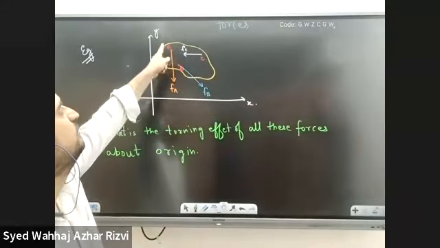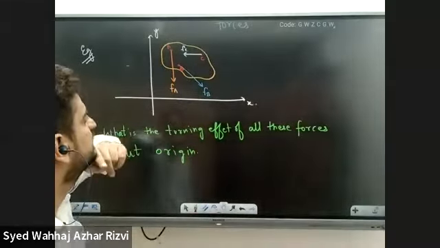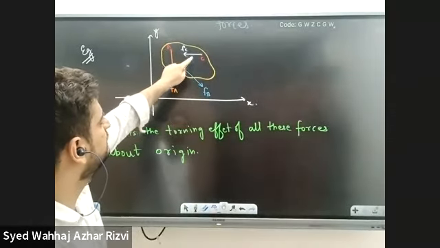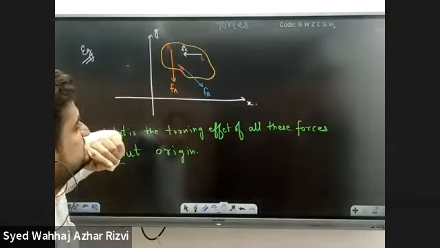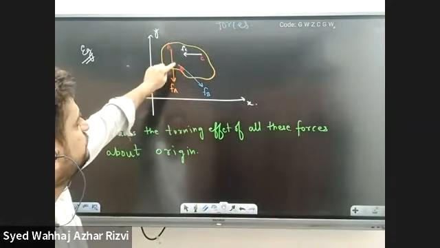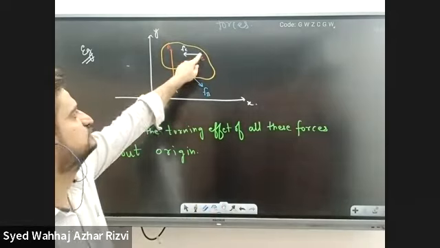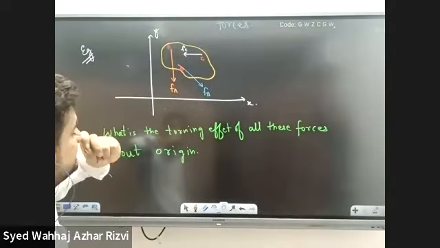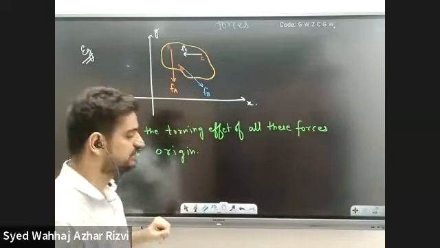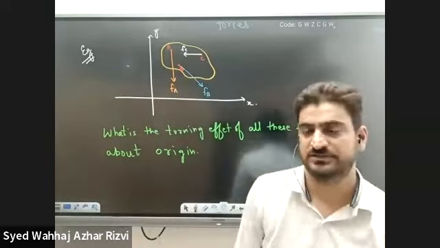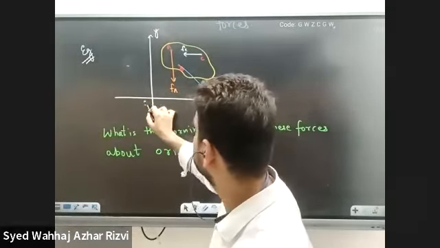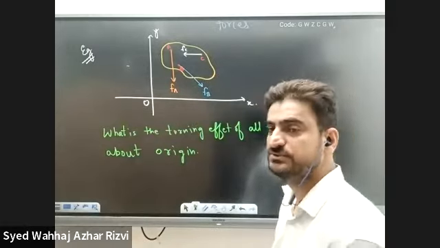We have a body, the yellow body, made up of three points: point A, point B, and point C. On these three points we have three forces. The force on B is acting like this, the force on C is acting like this, and the force on A is acting like this. Now we want to know the turning effect of all three forces combined for this body, taking O as the origin.